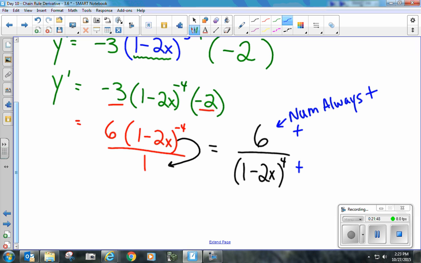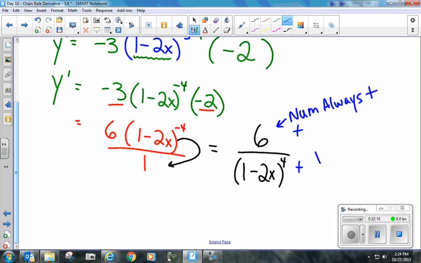So how can I say the denominator is always positive? How come? Take a look at it. What about the exponent? If you square something, whether it's positive or negative, what's the answer? It's always positive. That works for any even exponent, doesn't it?